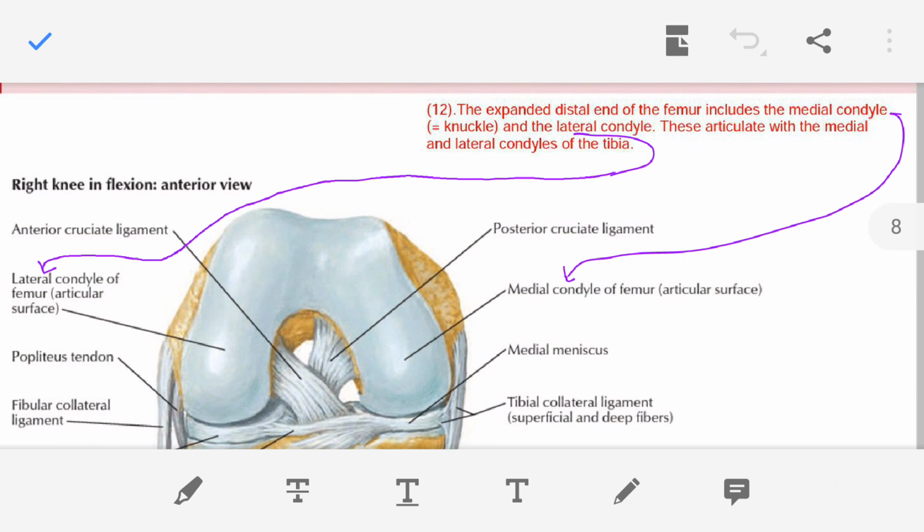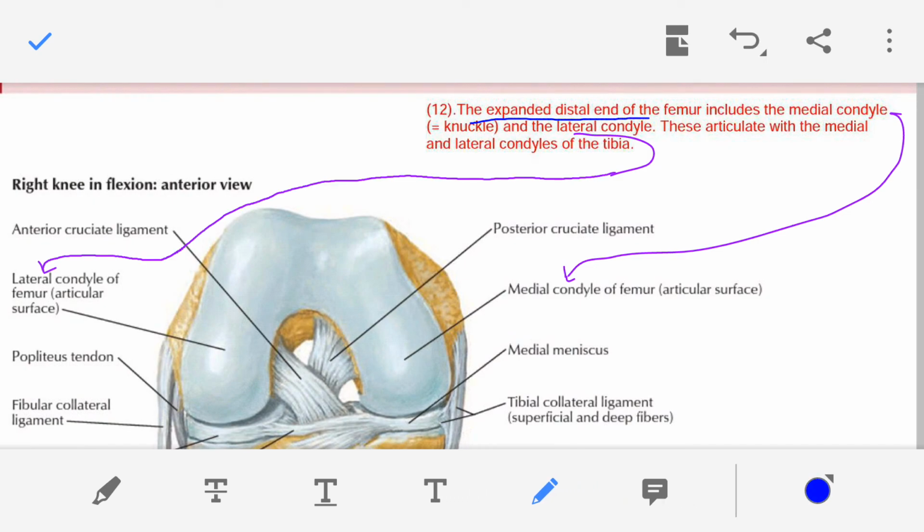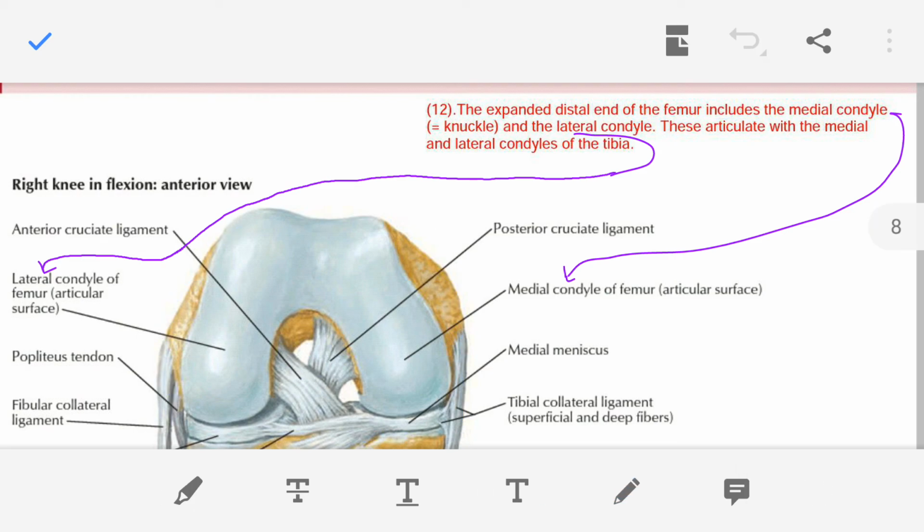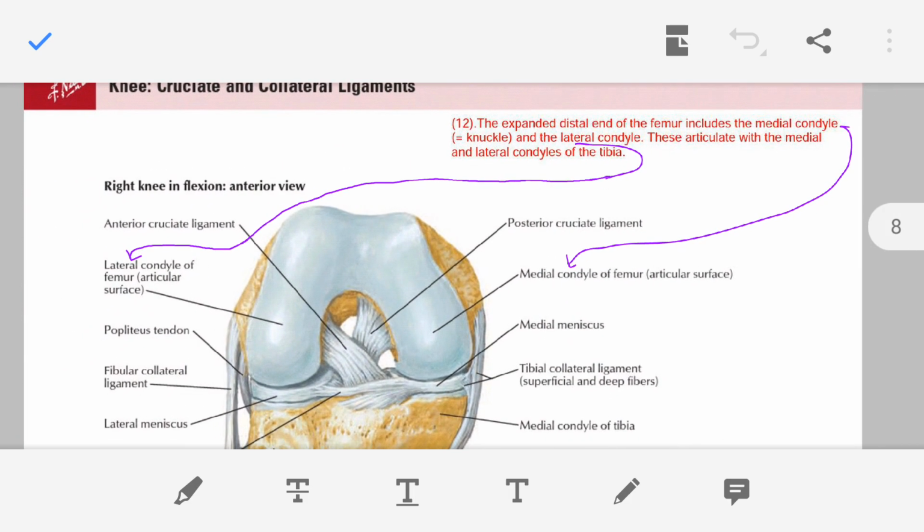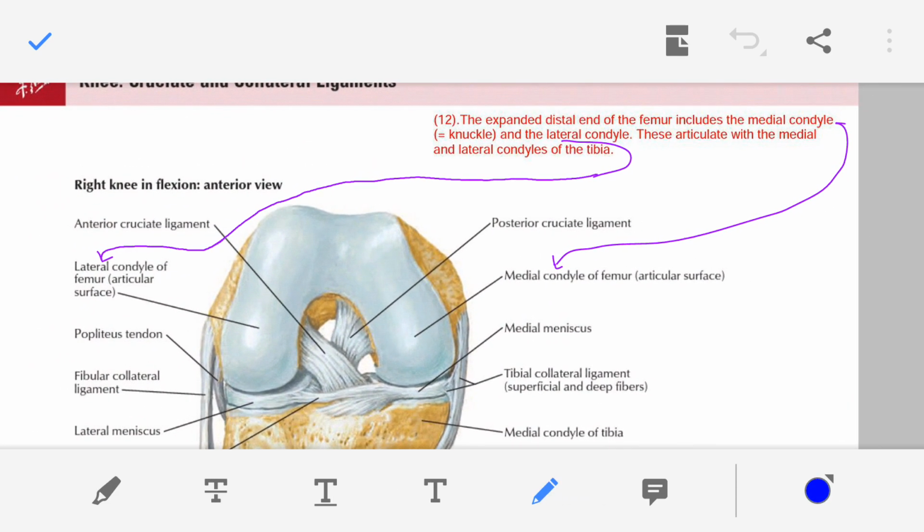This is the expanded distal end of the femur, and in this expanded distal end, the medial condyle is present. This one is the medial condyle, and this medial condyle is also known as the knuckle. The lateral condyle is also present. This one is the lateral condyle.